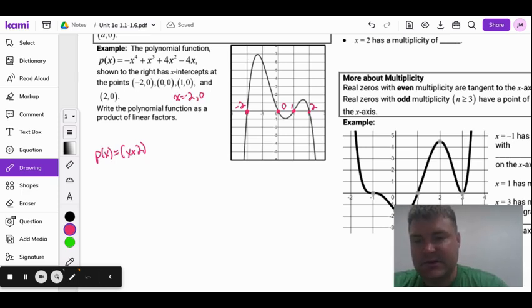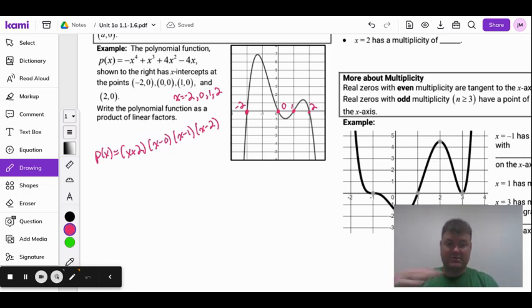I have x equals 0, so I'm going to have x minus 0. I have x equals 1, so that gives me x minus 1. And then I have x equals 2, so I'm going to do x minus 2.